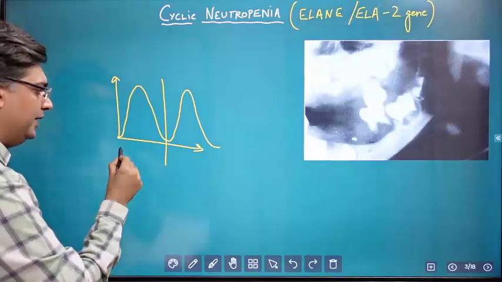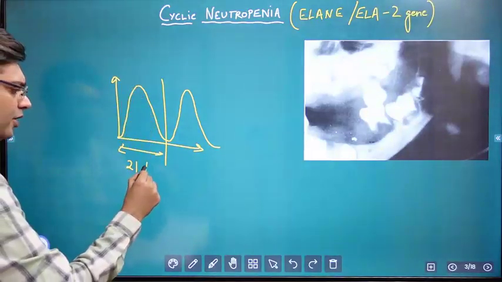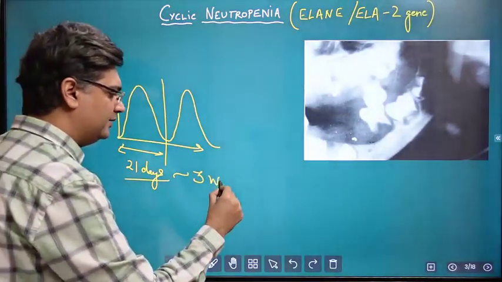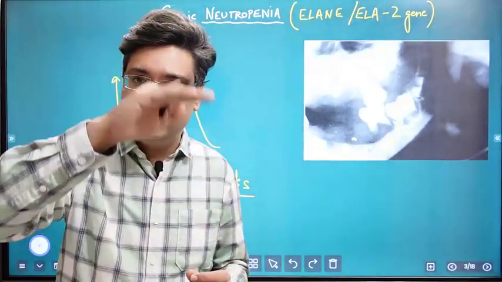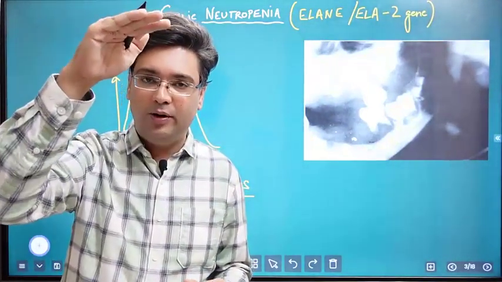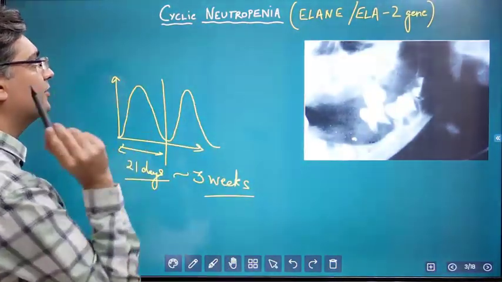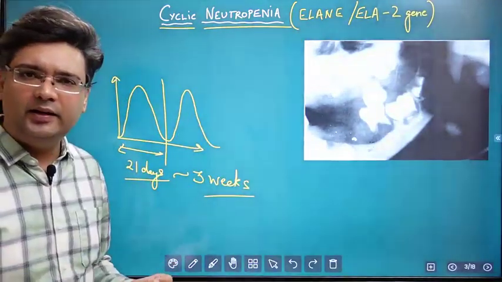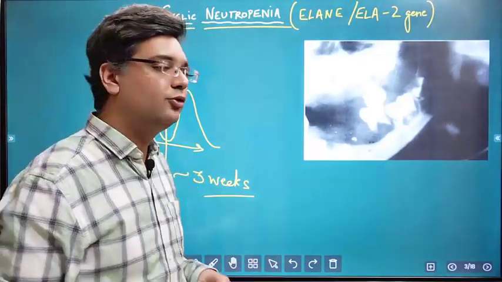So this whole cycle, basically going up and down, takes approximately 21 days. This is almost the same as 3 weeks. And in 3 weeks, we can appreciate the counts going up, going to normal, and then depleting again. And this follows a cyclic trend. And since it is following a cyclic trend, the condition is called cyclic neutropenia.